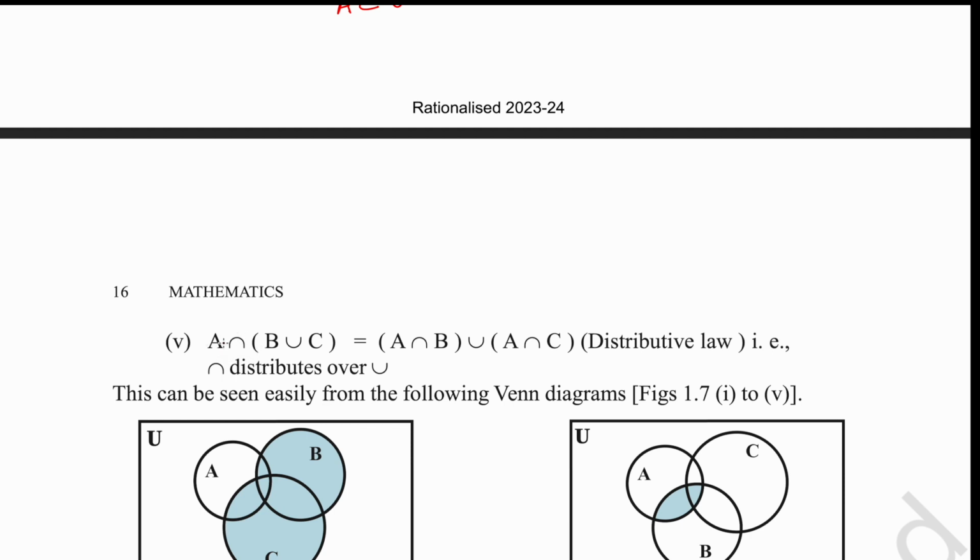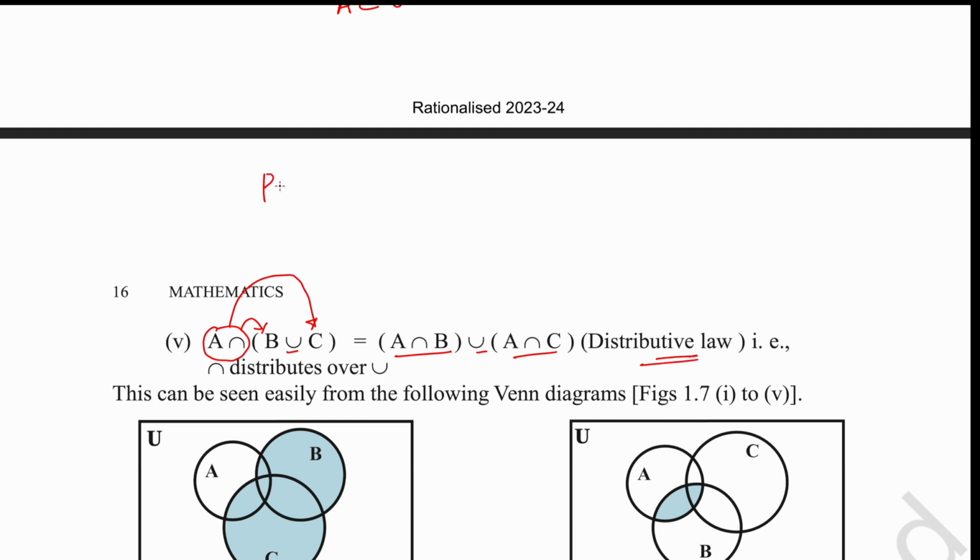That means first you take A intersection B, union, and then you take A intersection C. So you distributed this first on B, keeping this union symbol as it is, then you distributed it on C. So you have A intersection B, union A intersection C. So this is called the distributive law.